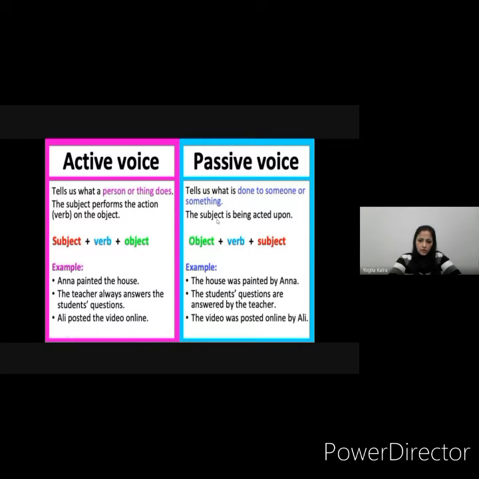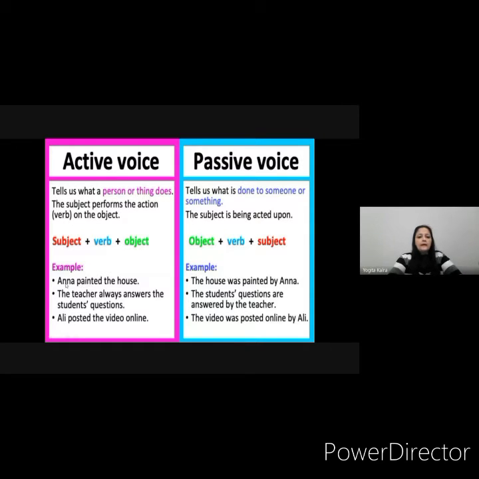That means the subject is being acted upon. In the active voice, the sentence consists of the subject, the verb, and the object. Whereas in the passive voice, it consists of first the object, then the verb, and then the subject.